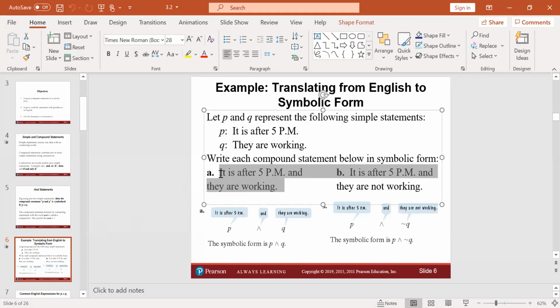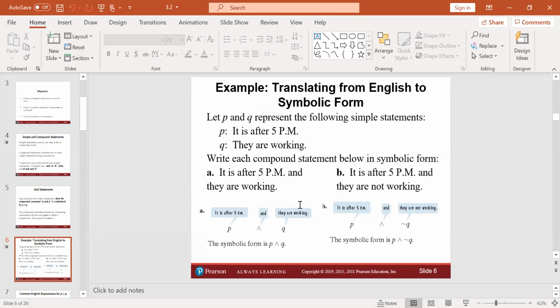If you wanted to say the more compound statement, it's after 5 and they're still working, you could literally write P and Q. Ta-da! Very simple. So this up arrow almost, if you will, is our and symbol. If you want to say it's after 5 and they're not working, you would say P and, then you would say not Q, because you're taking the opposite sentiment of Q, because they're not working. And then you would literally symbolize that P and not Q here.